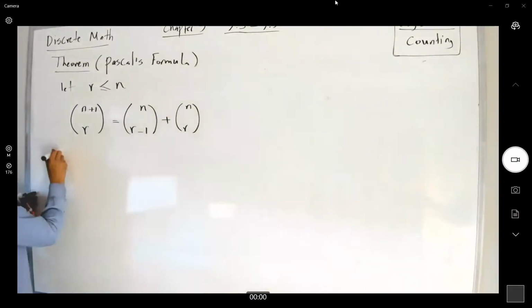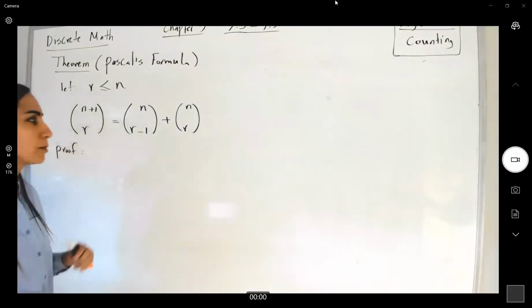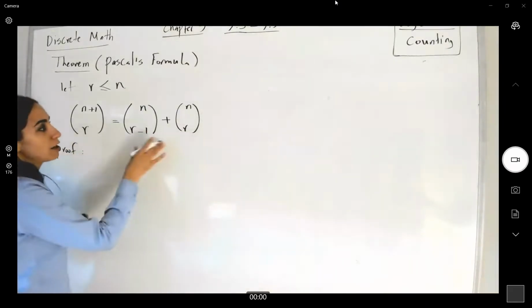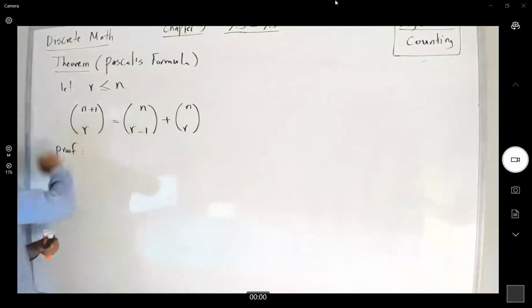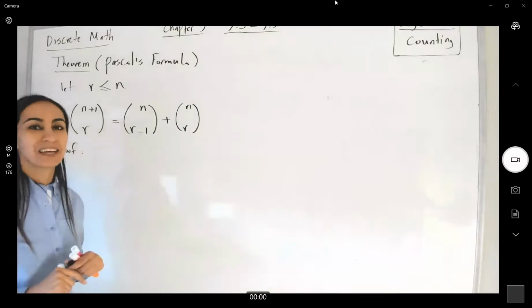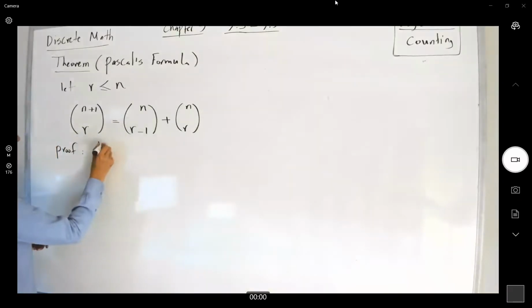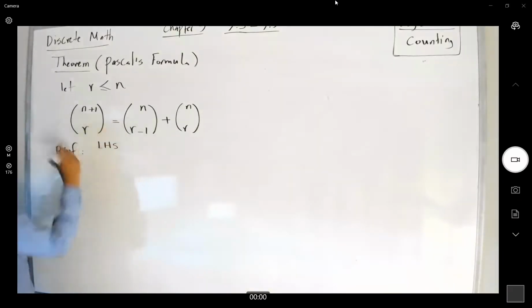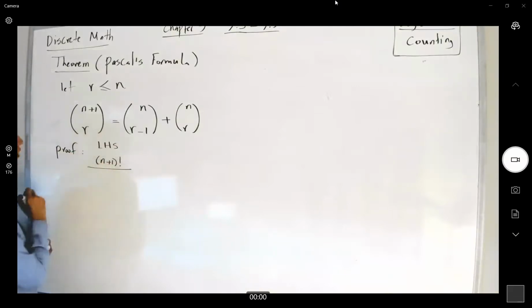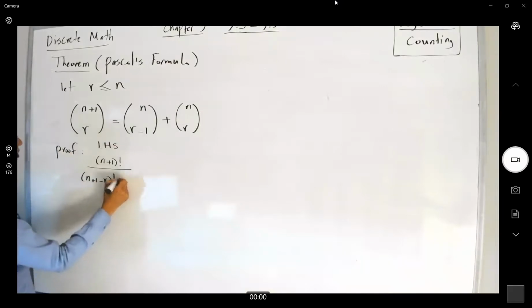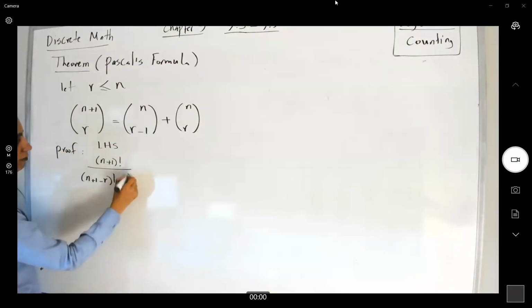Proof. What I'm going to do is use the definition, find these 2 fractions, add them together, and get to the formula on the left-hand side. So on the left-hand side, what do I have? I have n plus 1 factorial divided by n plus 1 minus r factorial times r factorial.